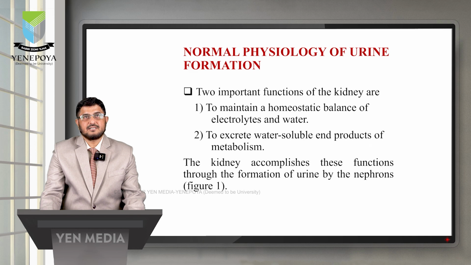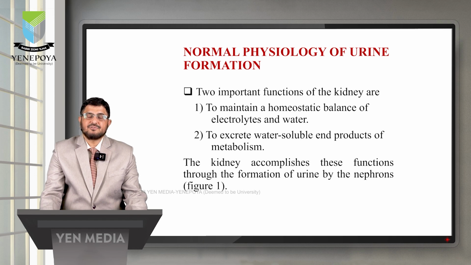So, let us start with the normal physiological urine formation. Two functions done by our kidneys are to maintain homeostatic balance of electrolytes and water and to excrete water soluble end products of metabolism. The kidney accomplishes these functions through the formation of urine by the nephron. So, what are nephrons?